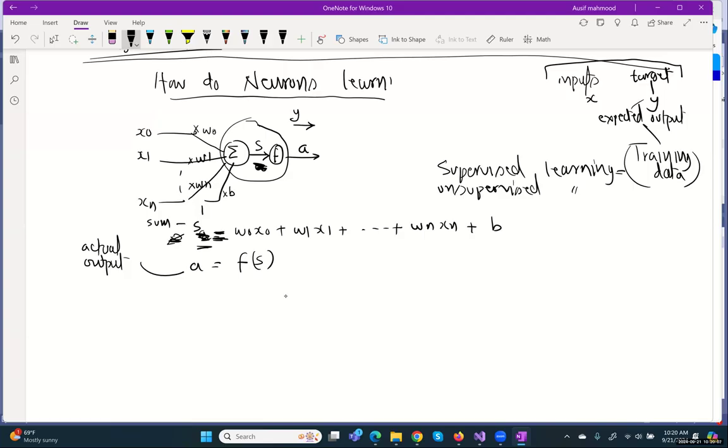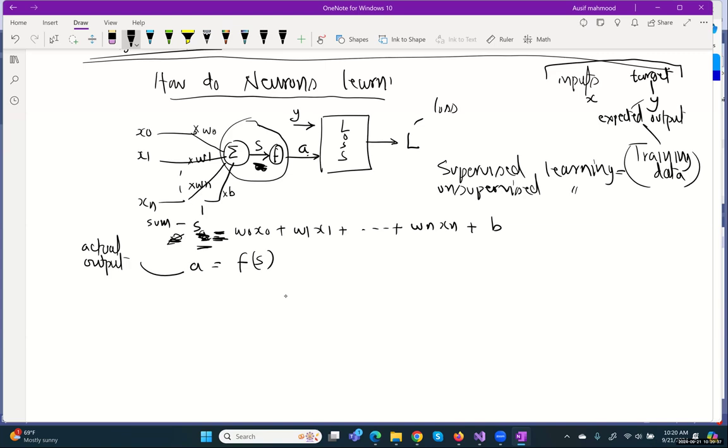Now we pass Y and A to a loss function. The loss function, as we discussed in the previous lecture, will always produce one number. It doesn't matter how complicated our neural network is, this will be a single number. This loss tells us how close the actual output is to the expected output.